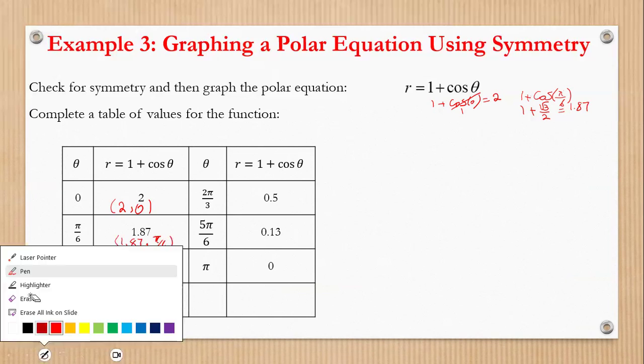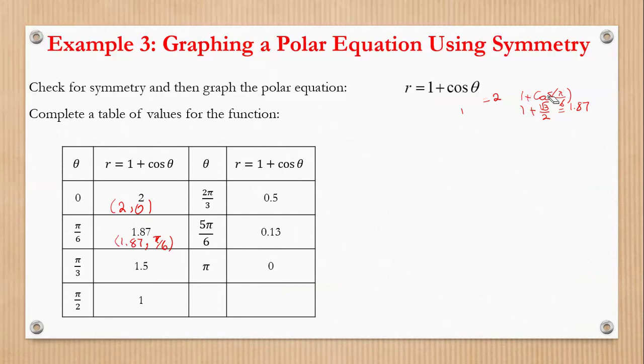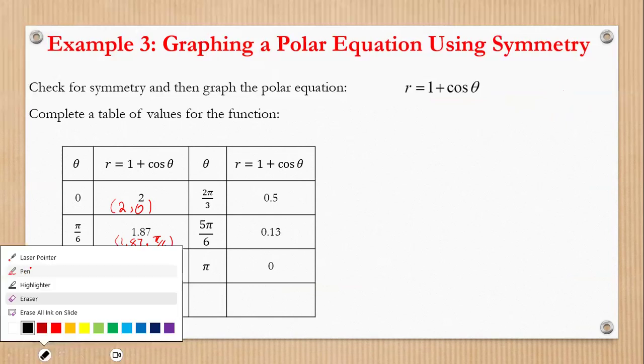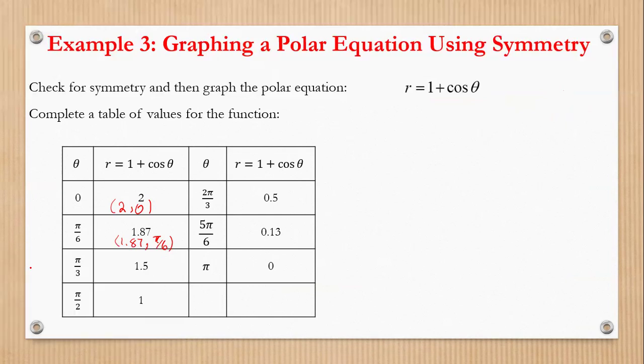If we replace theta by pi over 3, the cosine of pi over 3 is 1/2, and 1 plus 1/2 is 3/2, which is 1.5. So the point is 1.5 and pi over 3.